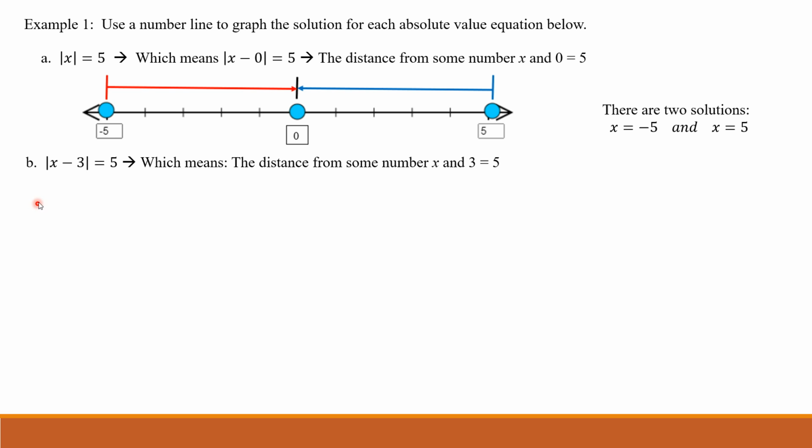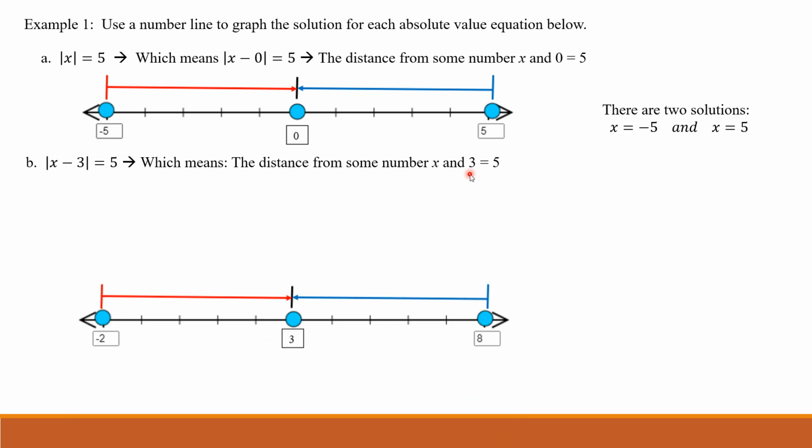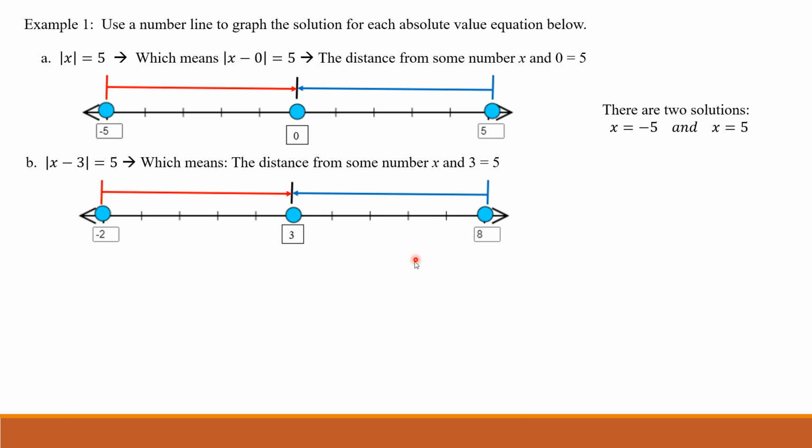Now let's look at this one. It's slightly different. We have the absolute value of x minus 3 is equal to 5. So instead of the absolute value of x minus 0 equals 5, we have the absolute value of x minus 3 equals 5. This means the distance from some number x and 3 is equal to 5. Graphically on a number line, 3 is the middle point.